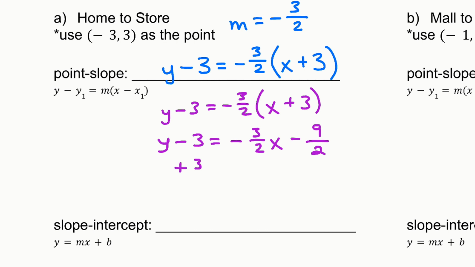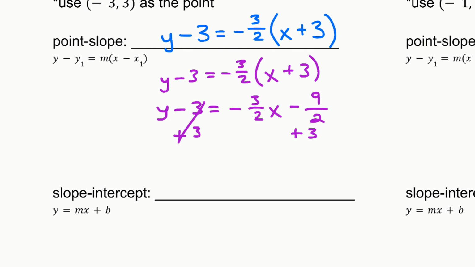Then we add the 3 to cancel that out. That will get me y equals -3/2 x, and then -9/2 plus 3 gets me -3/2. So that's how we take it from point slope to slope intercept.